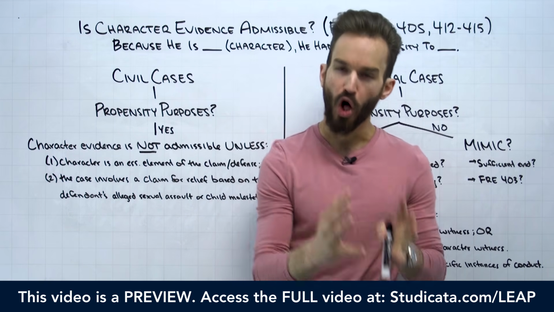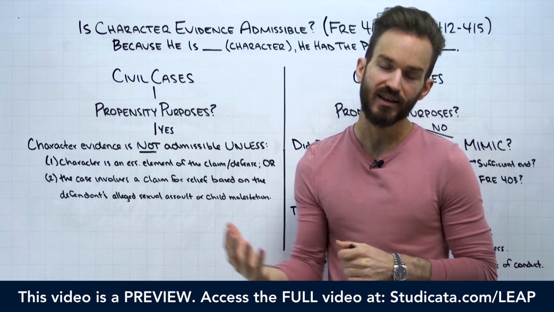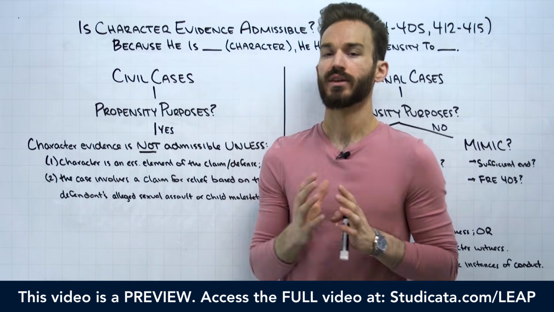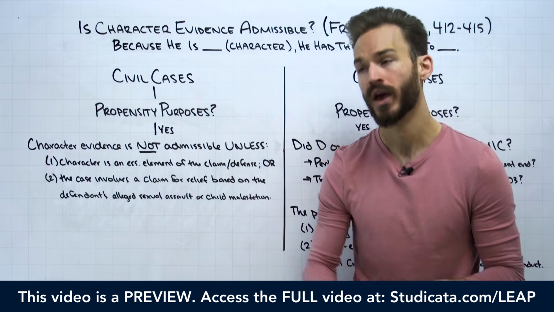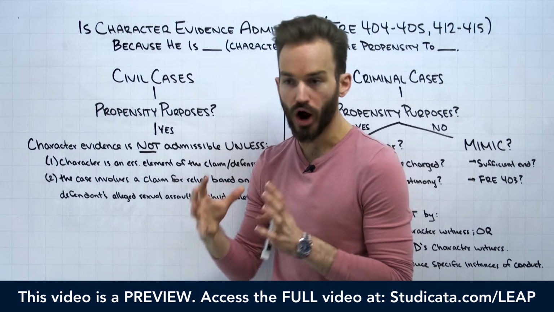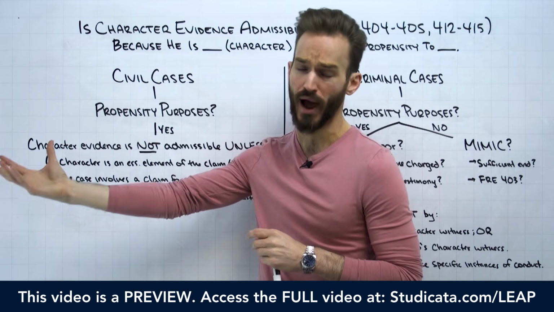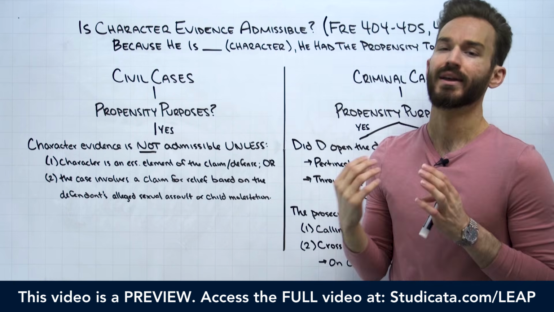Anytime you see always or every time, it usually is an indicator that that's a habit or routine practice, not character evidence. So if you see always or every time, usually that's a large indicator that that's actually a habit or routine practice under Rule 406, not 404 character evidence.